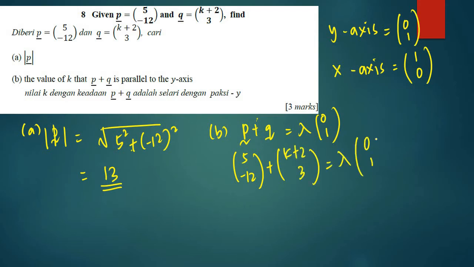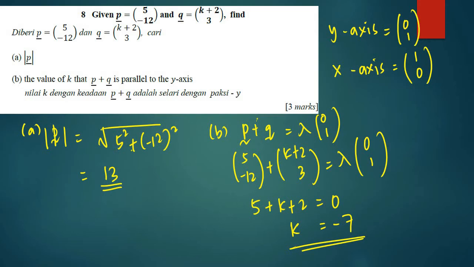Lambda, 0, 1. Normally, we have to find the lambda first, right? But for this question, when lambda is multiplied by 0, you will get nothing also. So you can straight away use the top of the vector. So lambda times 0, you get 0. K, you get negative 7.